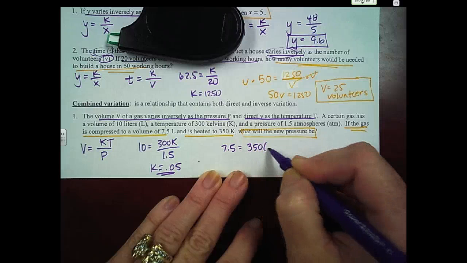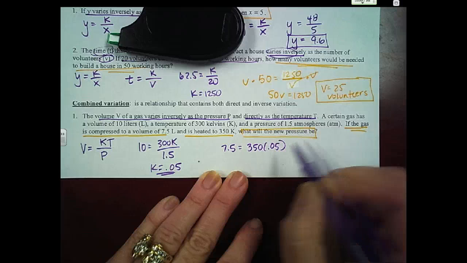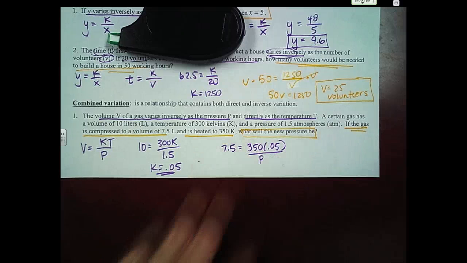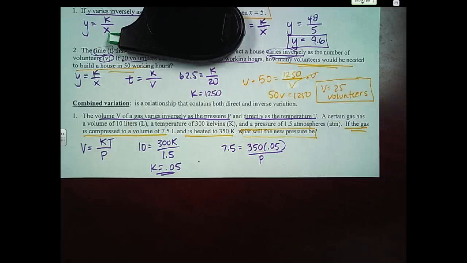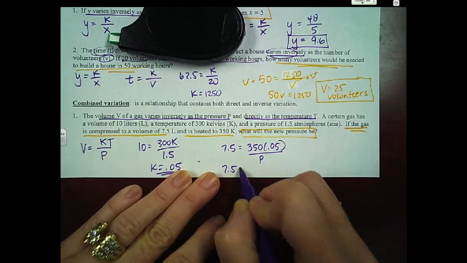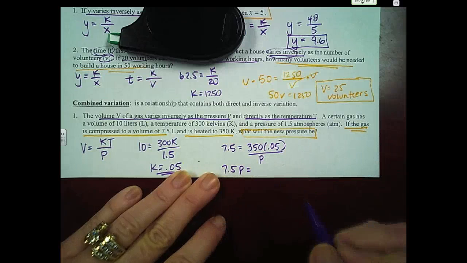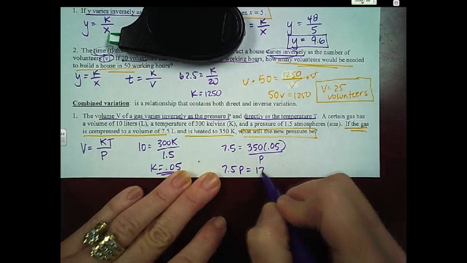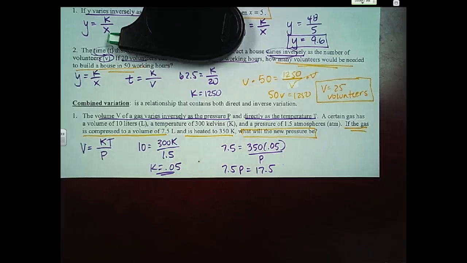We know the constant is 0.05. We do not know the pressure. So you're going to multiply both sides by P. So I've got 7.5P equals 350 times 0.05, which is 17.5. Divide by 7.5 on both sides, and I got 2.3 atmospheres.